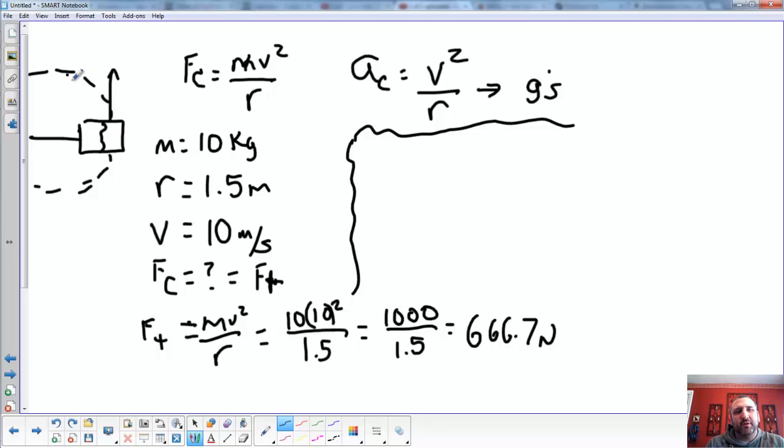So if we're going this way, at any given point, the water wants to travel out of the bucket tangentially. And in reality, the sides of the bucket are creating a force on the water to keep it inside. So that's kind of what's going on with this and why it's staying in that circle, because we've got the tension acting on the bucket and the bucket's acting on the water.